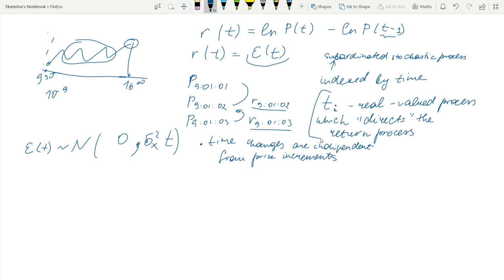Now, you say that, okay, the time has changed and the price increments just evolved in a random manner, so stochastically. And they have evolved continuously, and in the continuous world, you would say that the time basically governs the variance of your process.